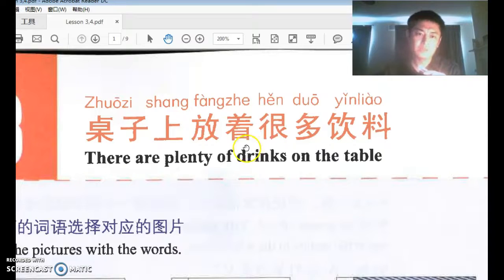The only thing new in this structure is the word 放, which is a special type of word. We call them location verbs. It means to place. There are a few words like this. For example, 坐, sit: something is sitting there, is being seated there. Or 写, written: something is being written there.